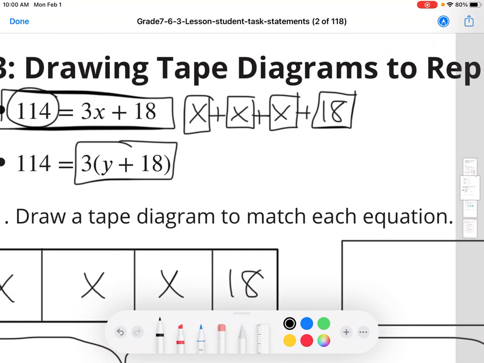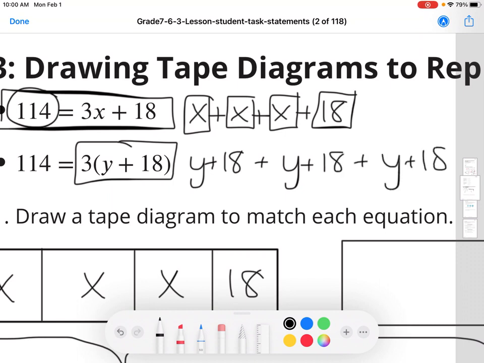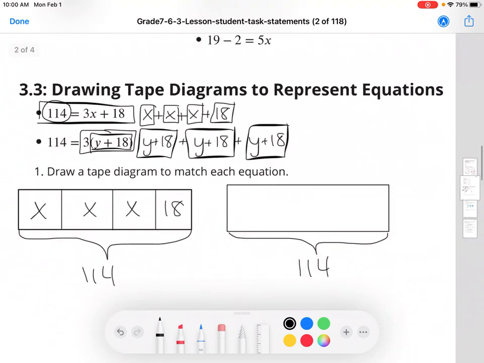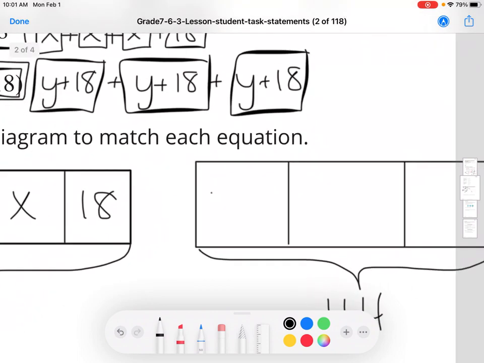So 3 times y plus 18, that's the same thing as y plus 18 plus y plus 18 plus y plus 18. So I have 3 groups of this. So 1, 2, 3. And since they're all the exact same, then I know I just need to split this up into 3 equal parts. And each part would be labeled y plus 18.